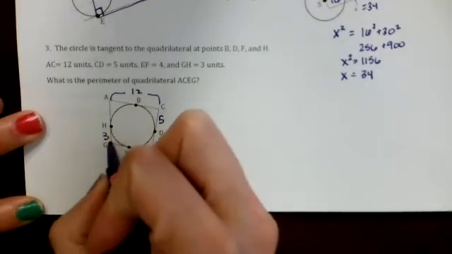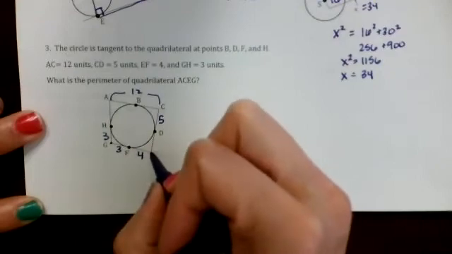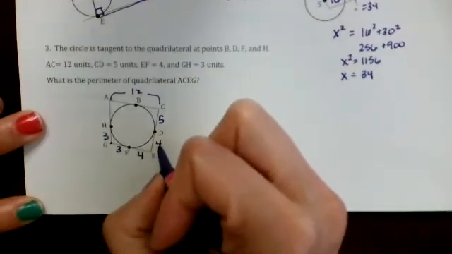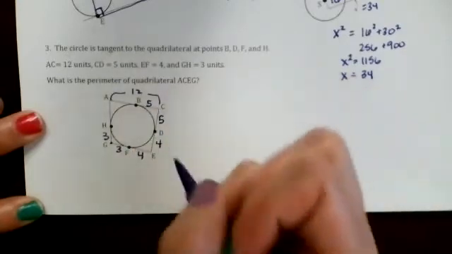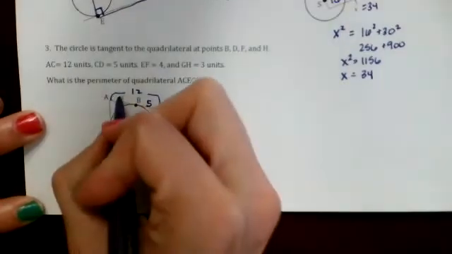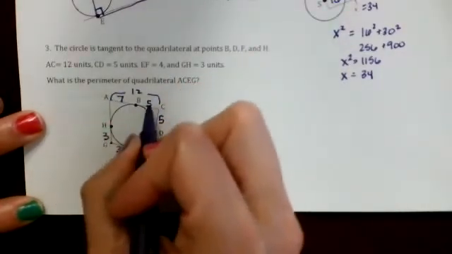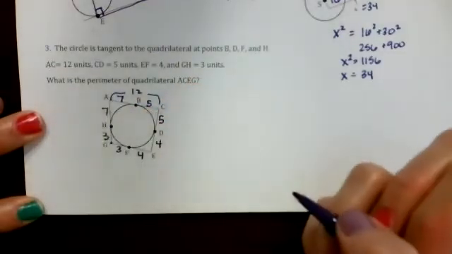So GH has to be congruent to GF. EF has to be congruent to DE. CD has to be congruent to CB. If this whole length AC is 12, then that would mean AB has to be 7, since these two pieces would have to add to 12. And then you figure out AH is 7.